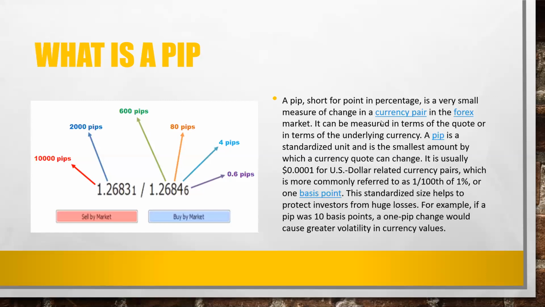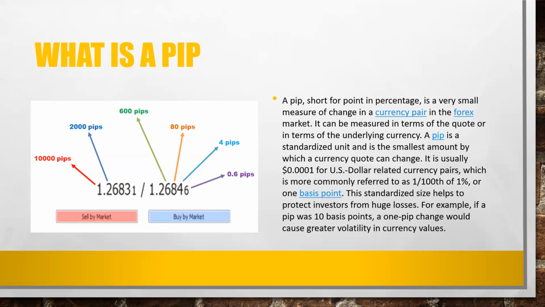A pip stands for percentage in point or point in percentage. It is a very small measure of change in a currency pair. In the forex market, it can be measured in terms of the quote or in terms of the underlying currency. A pip is a standardized unit and is the smallest amount by which a currency quote can change.